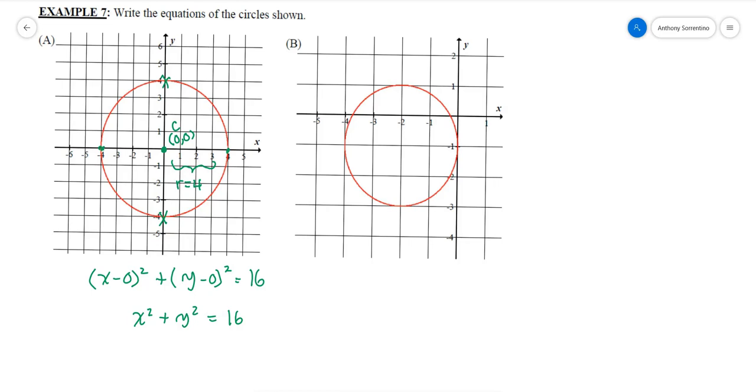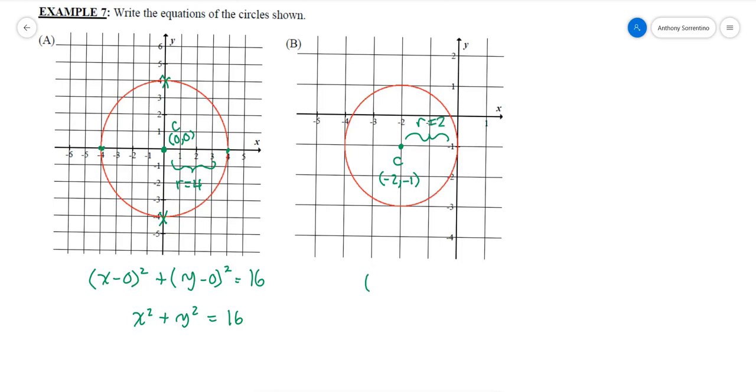For B, again, it doesn't take very long to see that here is my center, which I'm going to call C again. It looks like it's at (-2, -1), and it looks like the radius is 2.